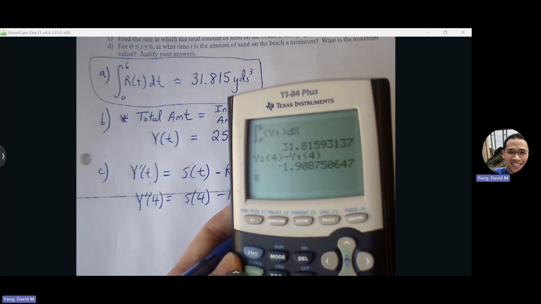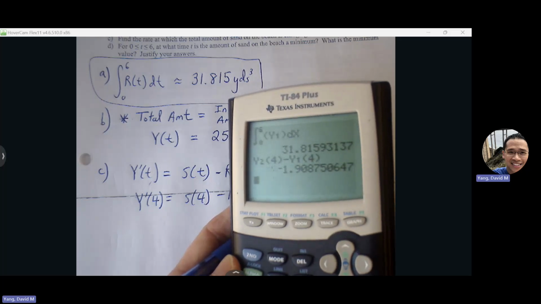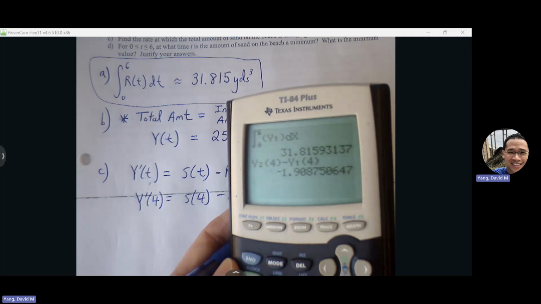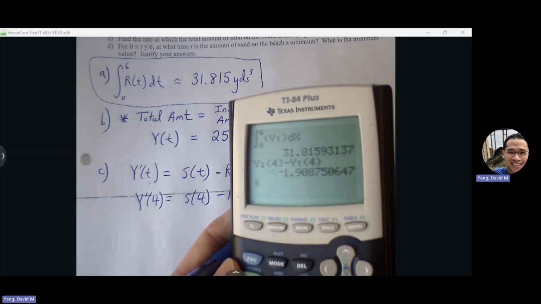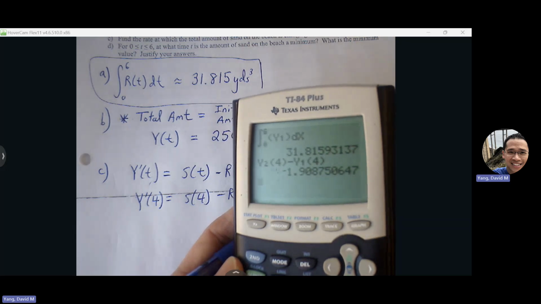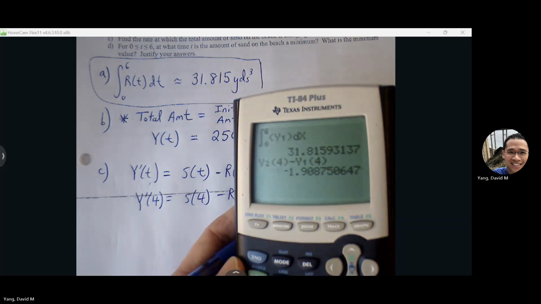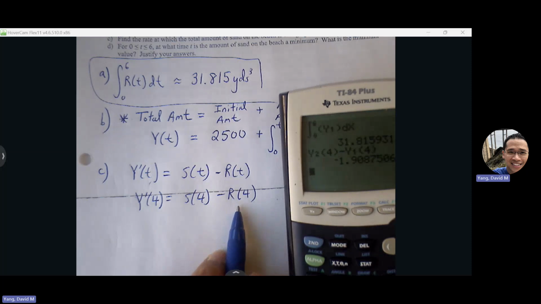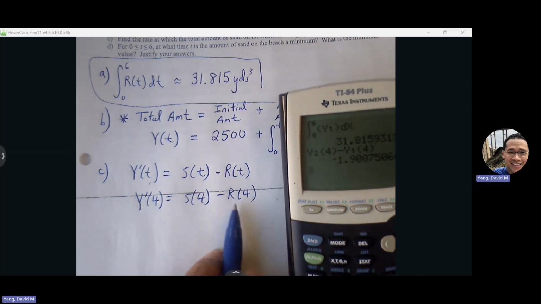So this tells us that 4 hours in, the rate at which the amount of sand is changing on the beach is decreasing by 1.908. So even though we have the pumping station adding sand to the beach, we still have the tide taking more of the sand away.